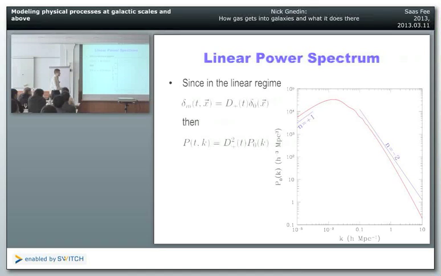It's close to n equals 1 on large scales. This is the Harrison-Zeldovich spectrum from inflation, slightly shallower than n equal 1. Then it has a peak at about 0.02 in k. And then there are these bumps and wiggles, which are baryonic acoustic oscillations. Again, I presume many of you have heard about this. And then it falls off very, very gradually.